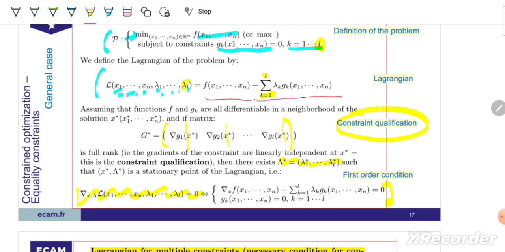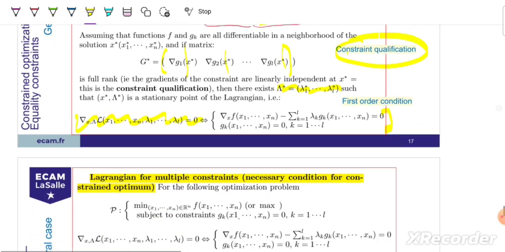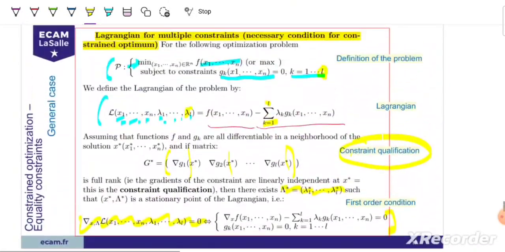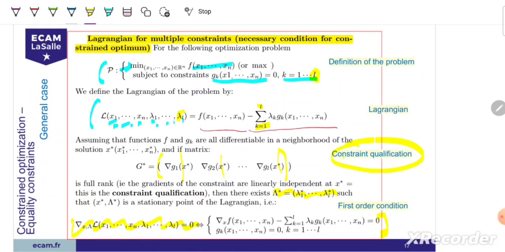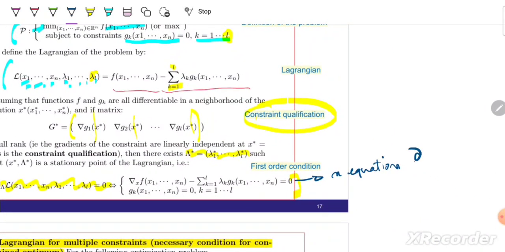In the gradient of your Lagrangian, you have the gradient in all the x, so all the partial derivatives in x1 up to xn. So you've got n equations corresponding to each of the partial derivatives in x_i for i equal to 1 to n.